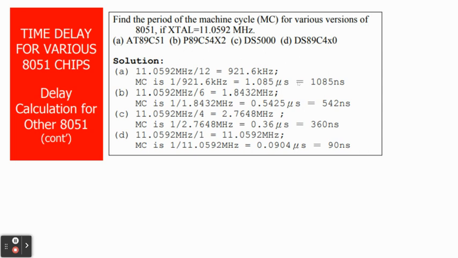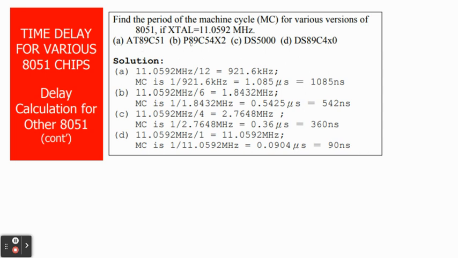If you want it in second, then you have to divide this by 1 million, and it would be 0.000001085 second, because 1 second is equal to 1 million microsecond. Anyway, you can simply write 1.085 microsecond as the period for letter A, which is using the 89C51.